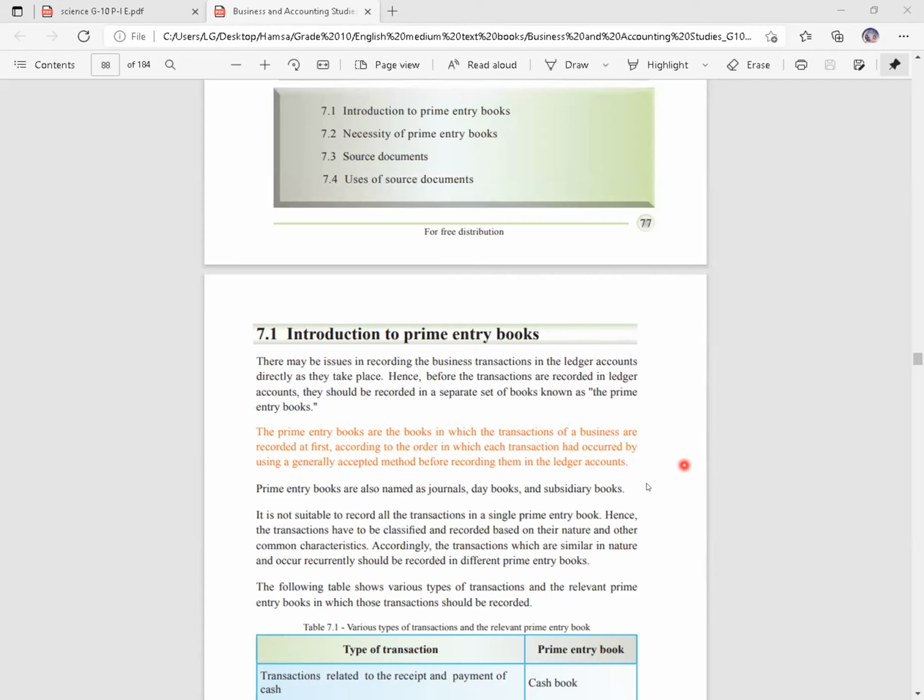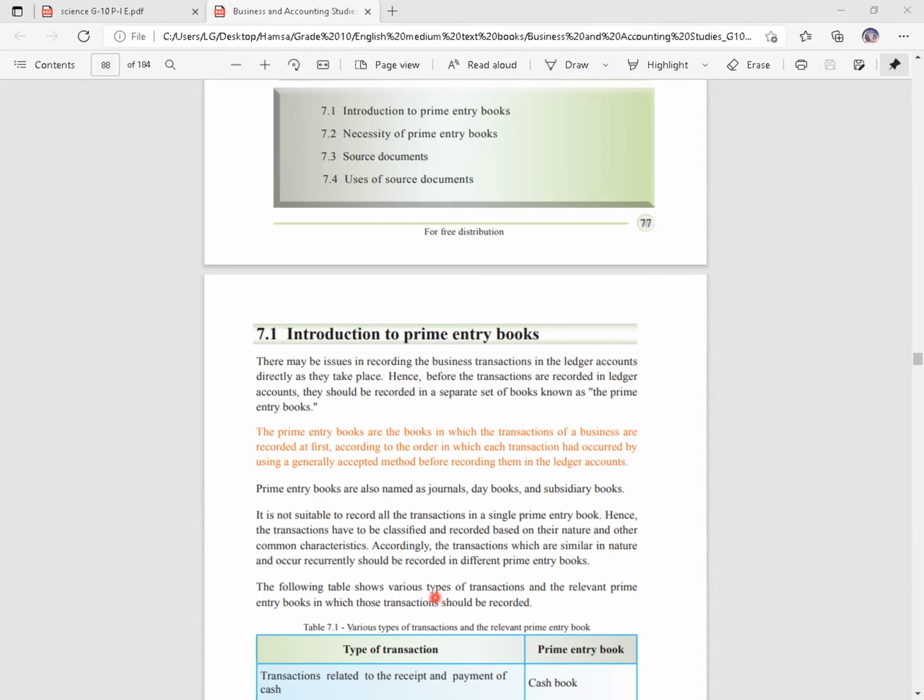So before moving to the ledger accounts, you prepare the prime entry books. For the first time, all the transactions are recorded in order in the prime entry books. Then only you can go to the main ledger accounts.